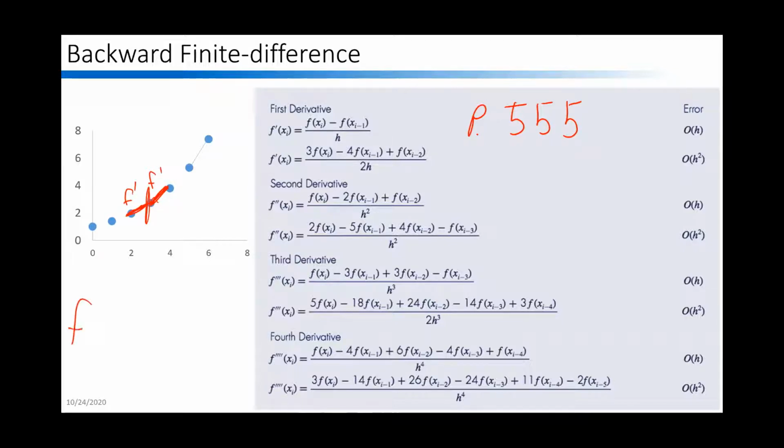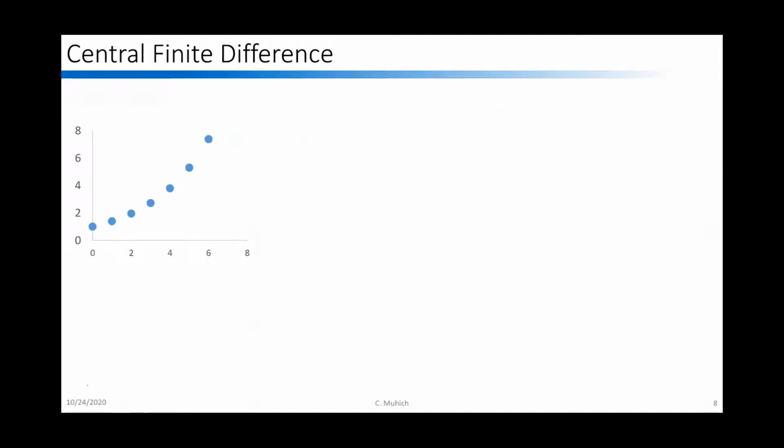So maybe we can say that my better estimate of that derivative would be 1/2 the forward plus the backward. So we can average them. And this is going to be the idea behind my central finite difference formula.